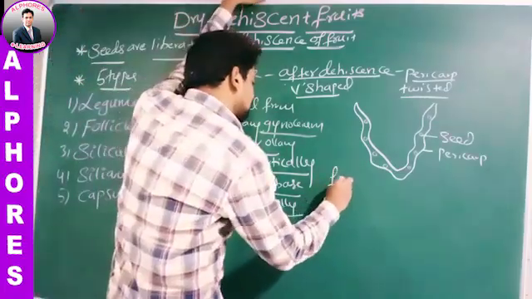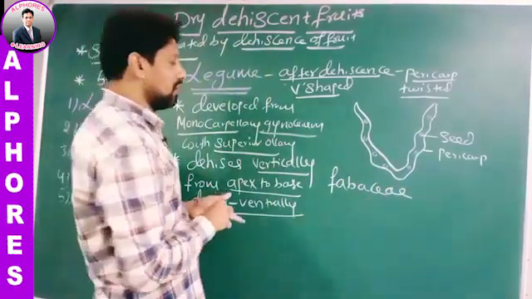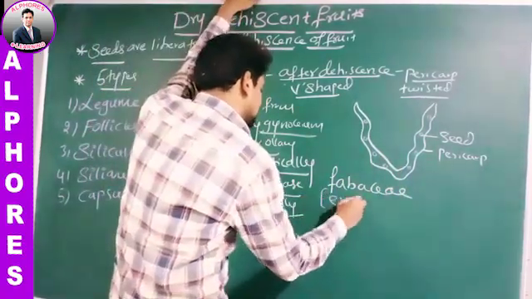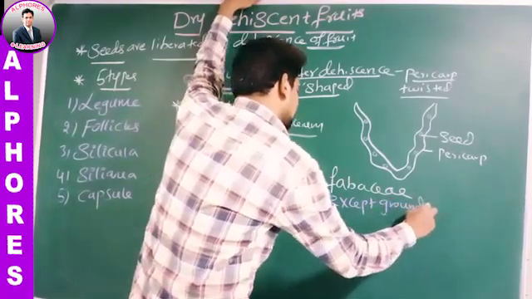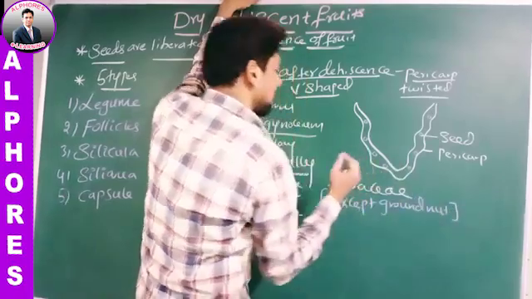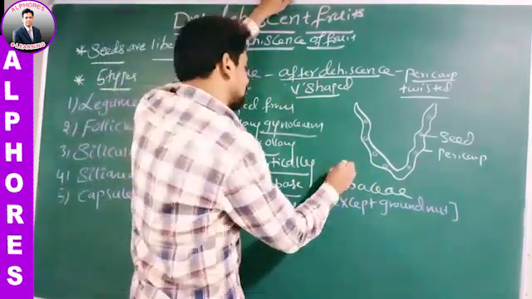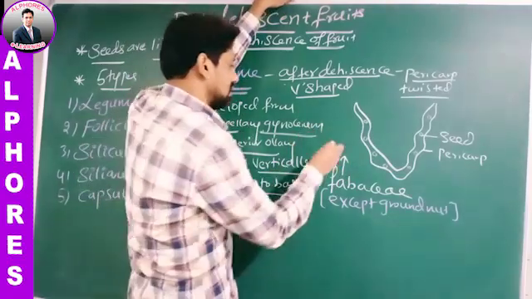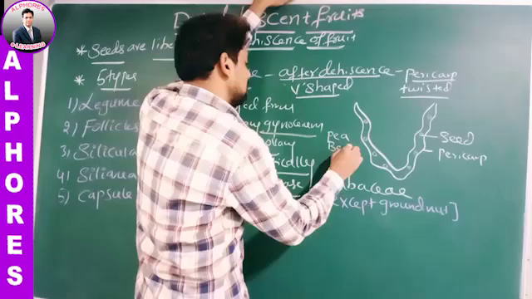Examples of legume: Fabaceae family, except groundnut. Which family? Fabaceae family except what? Groundnut. For the Fabaceae family, I am writing some examples. First one is pea, second one is bean, B-E-A-N.